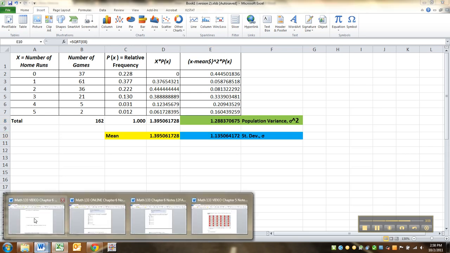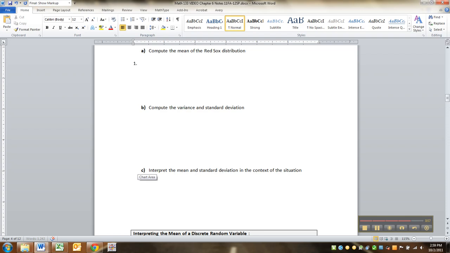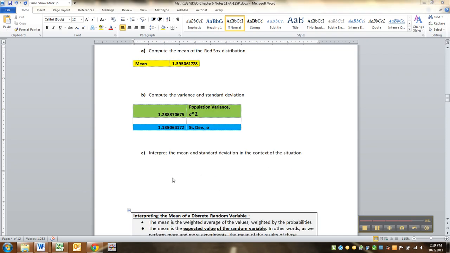Okay. So the mean is 1.39. The variance, hold on, let me go get that from Excel. There we go. So now, how do we interpret that?